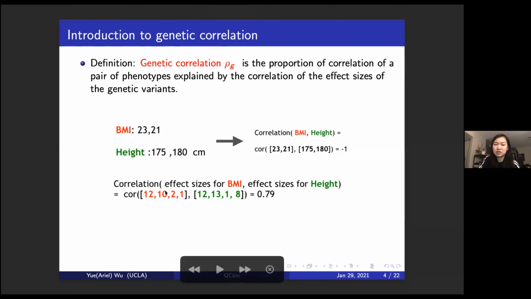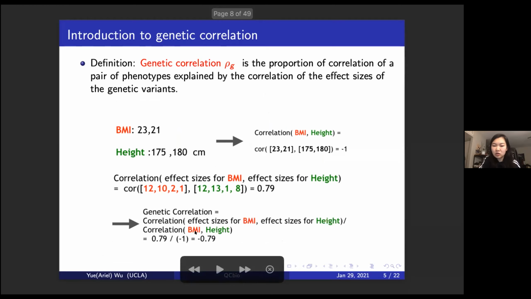It's the correlation between these 4x1 vectors, and we have a correlation of 0.79. Also we have the correlation between the 2 traits, BMI and height. We know they are inversely dependent on each other, so the correlation is -1. The genetic correlation by definition is the correlation between the effect sizes divided by the correlation between the traits. So it's -0.79.